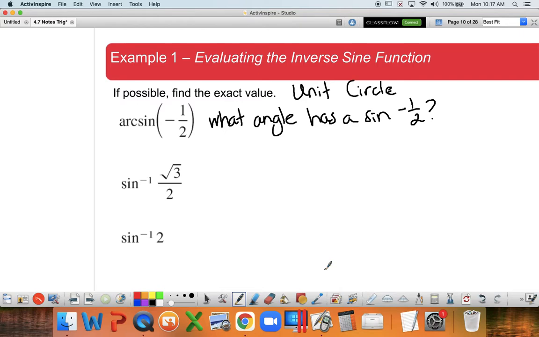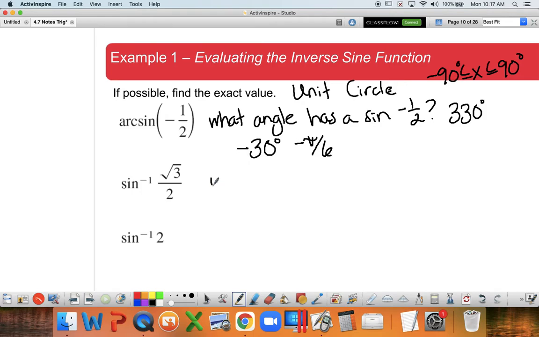Looking at your unit circle, figure out, okay, what angle has a sine of -1/2? Well, it's 330 degrees. The problem is that does not meet our domain restriction requirement that it has to be between -90 and +90. So therefore, I find a coterminal angle, meaning I subtract 360 degrees. So my answer is -30 degrees, or if they want it in radians, -pi/6.